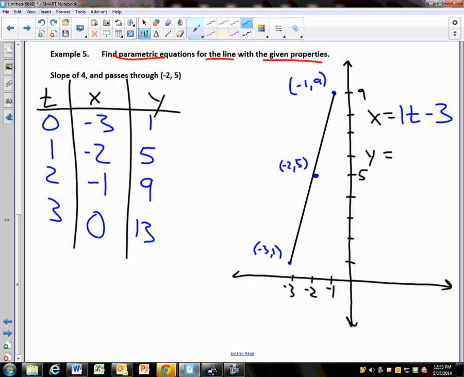Let's do the next one. Y equals something with regard to t. Okay, what's the slope of y? 4. What's going to be the starting point? 1. That's it.